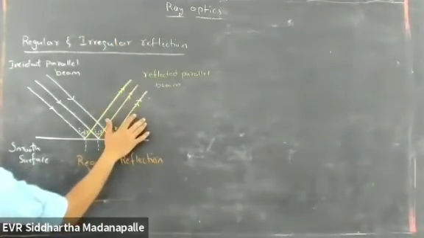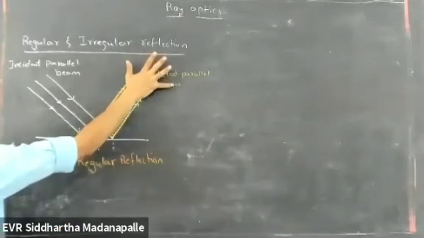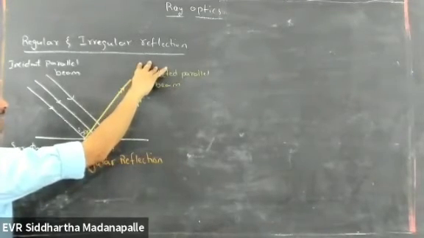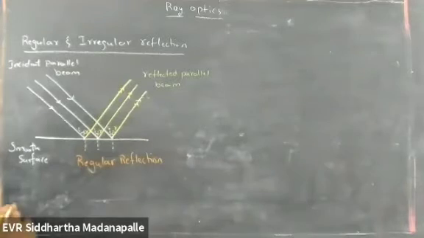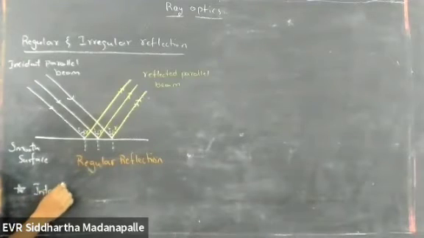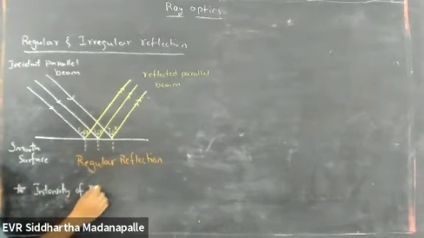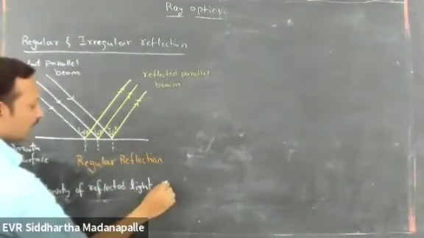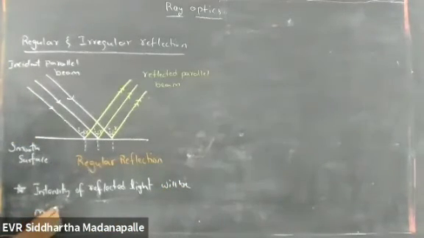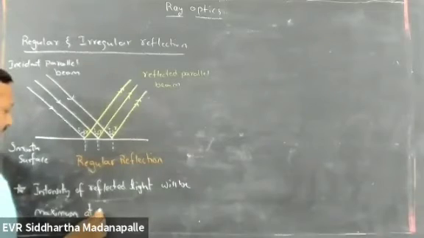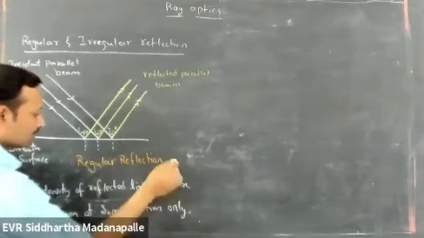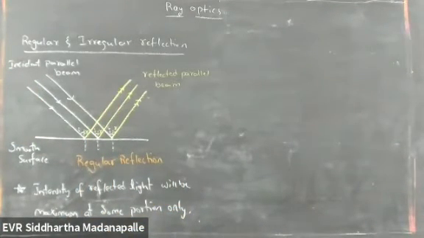Means that the intensity of reflected light will be maximum in some particular portion only, for example this portion where the intensity of light is maximum, whereas in the remaining portion the intensity will decrease, right?